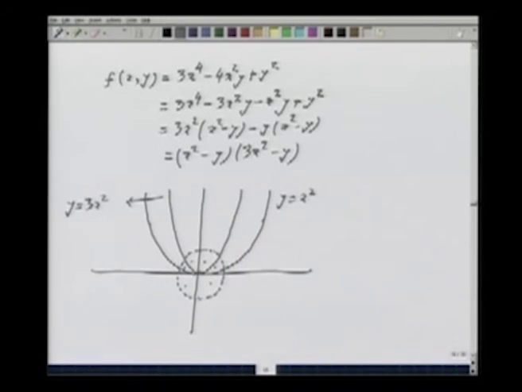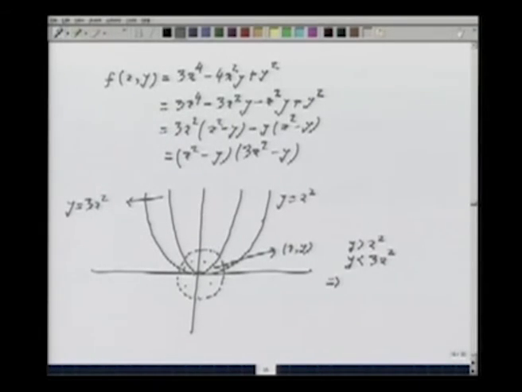Okay. Now suppose I choose a point here. Suppose xy belongs here. Then I know that y is bigger than x square and y is less than 3x square.